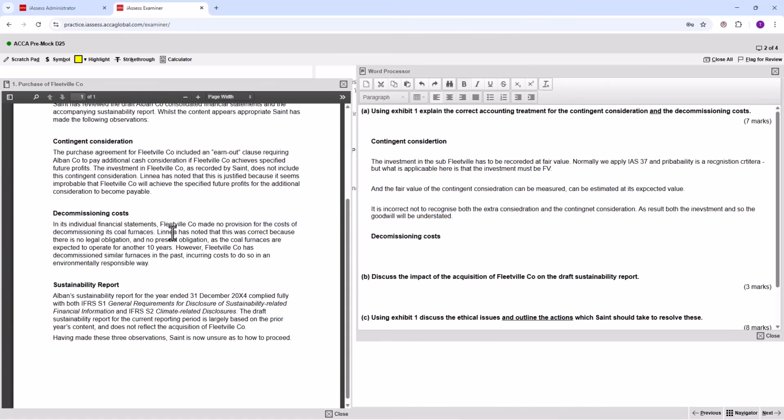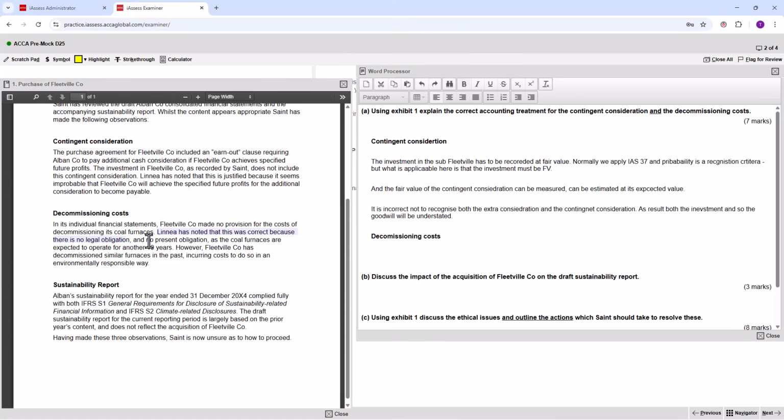They will need to be environmentally sorted out. And Linnea has agreed because there is no legal obligation. Now, this is IAS 37. But just because you're making a provision, you don't have to have a legal obligation. You can have a constructive obligation.